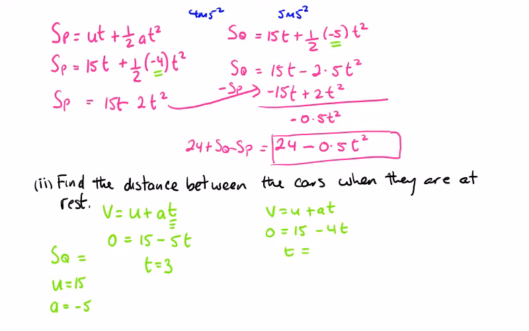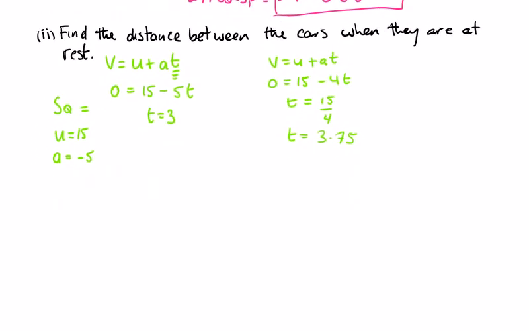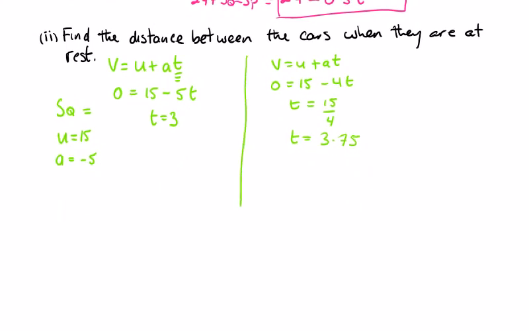So T is 15 over 4, which gives me a value of 3.75. So let's look at the distances traveled within this time period.